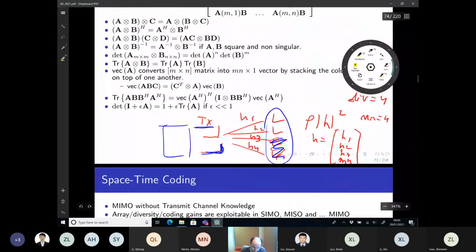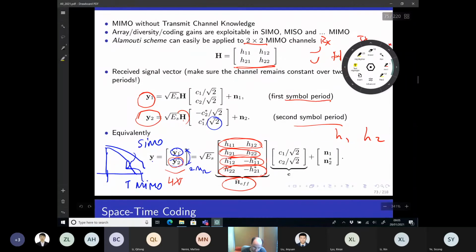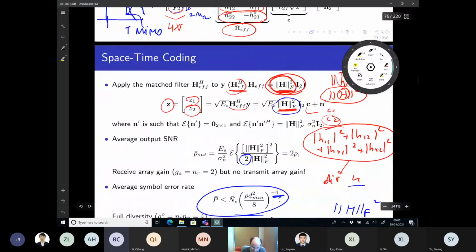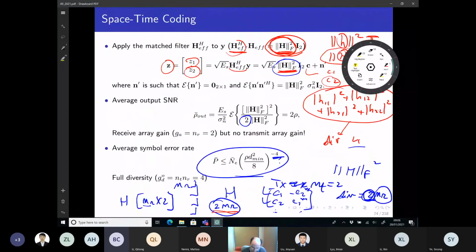And the multiple receive antenna case is just reusing the classical Alamouti scheme, and so you end up with a diversity gain given by 2 multiplied by NR, right? And the reason for this is because essentially you have 2 NR independent coefficients in your channel matrix H, right? So this is what we finished with last week.